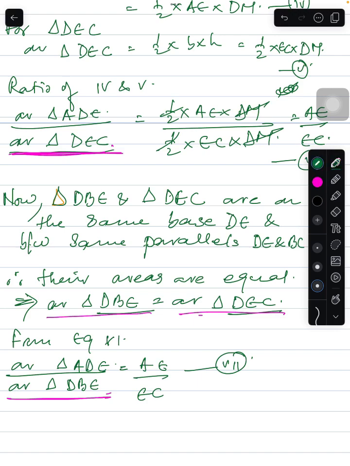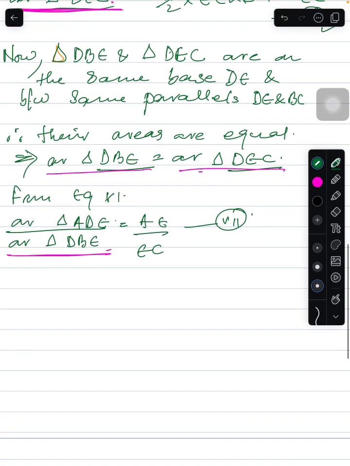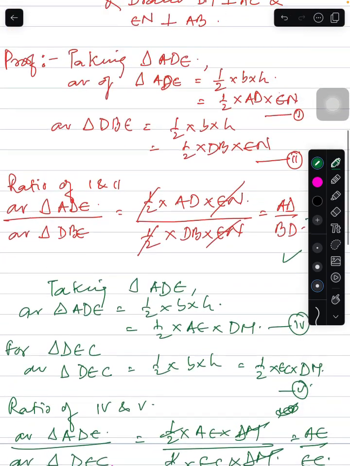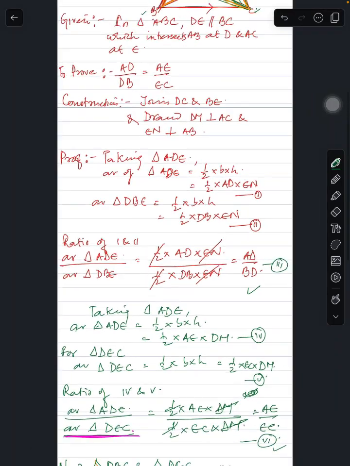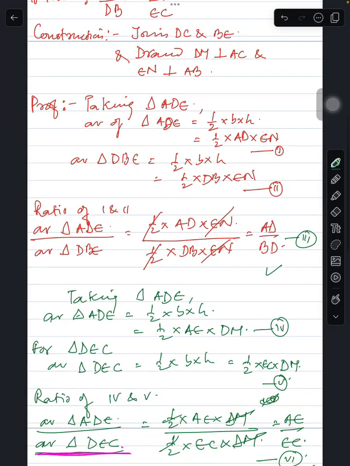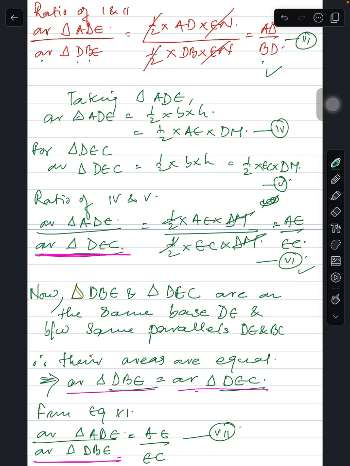Now comparing 3 and 7. What is 3 saying? 3 is saying area of triangle ADE by area of triangle DBE is equal to AD by BD.